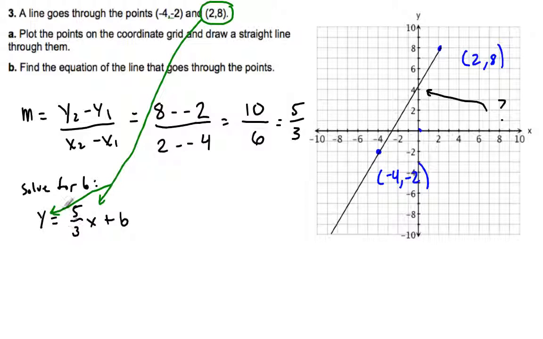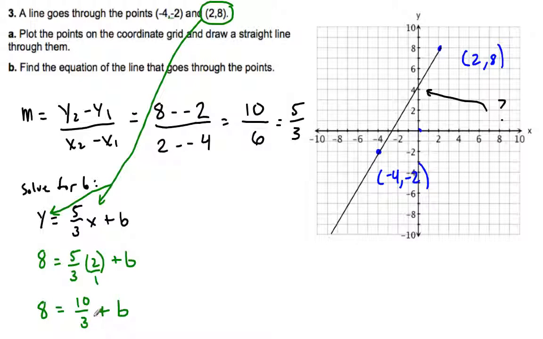So when we do that, we get 8 is equal to 5/3 times 2, which I'll write as 2 over 1, plus b. When we reduce this down, we get 8 is equal to 10/3 plus b.